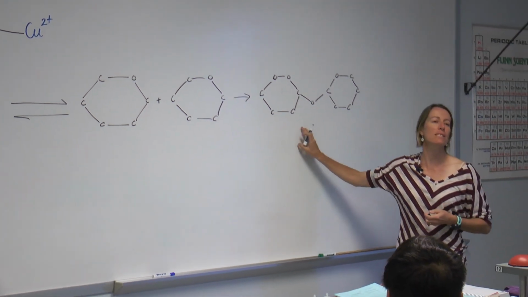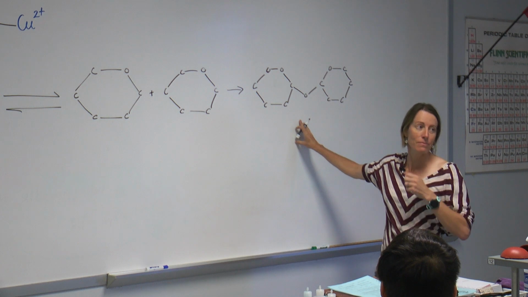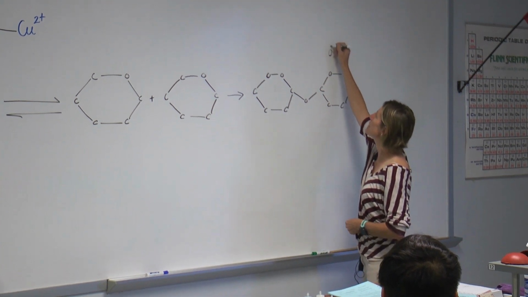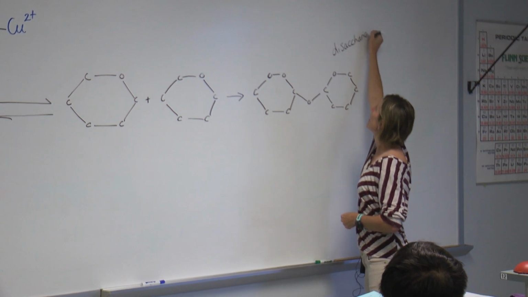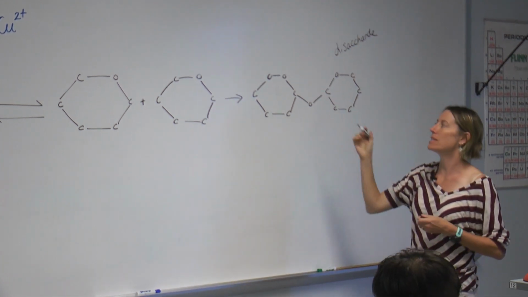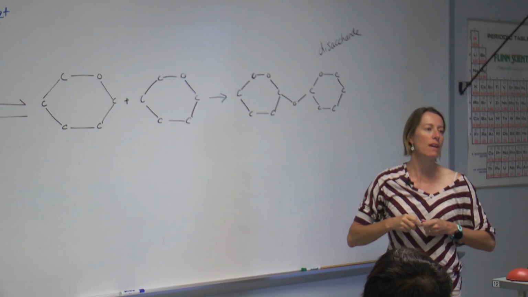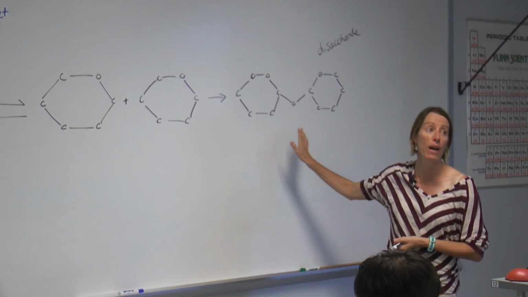What can you call this? Disaccharide. A disaccharide, excellent, because it's two sugars stuck together now. All right, this is actually a maltose. Two glucoses stuck together make maltose, but a disaccharide is fine.